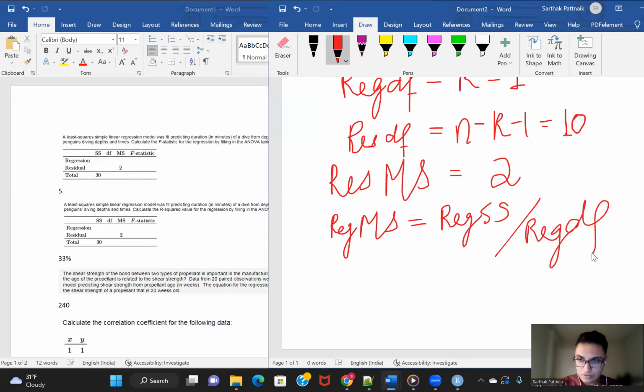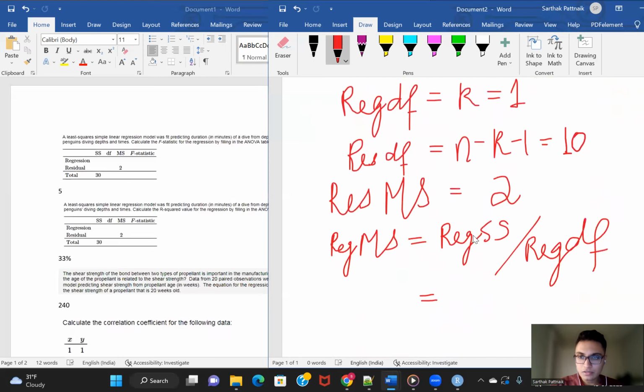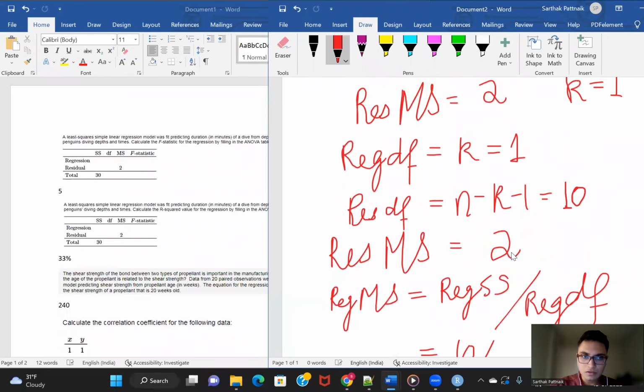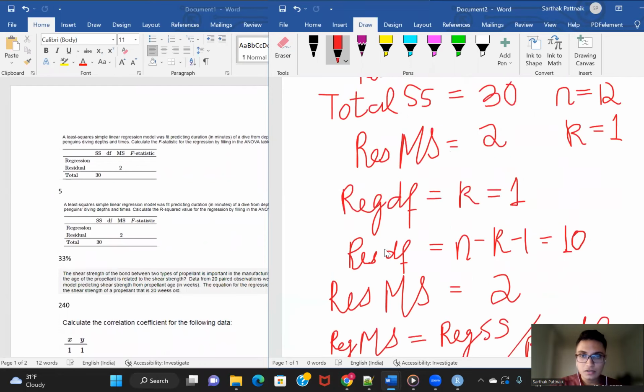This is the equation. What is regression sum of squares? 10. What is my regression df? 1. Nothing but equal to 10. Now we have regression mean square as 10.